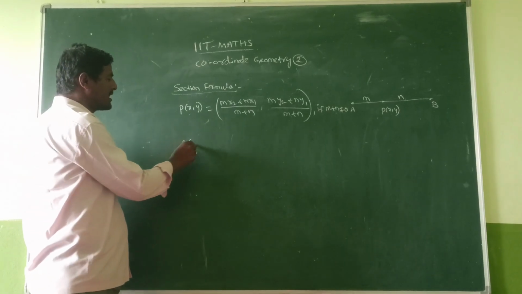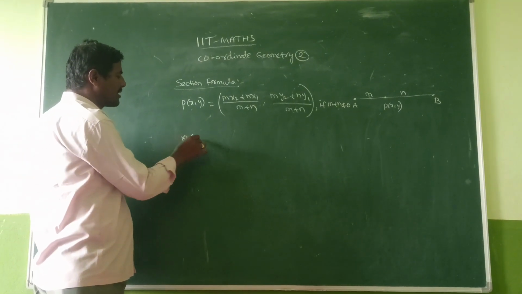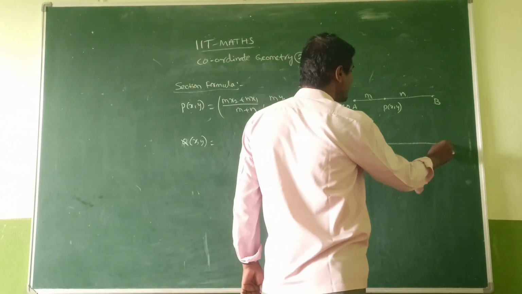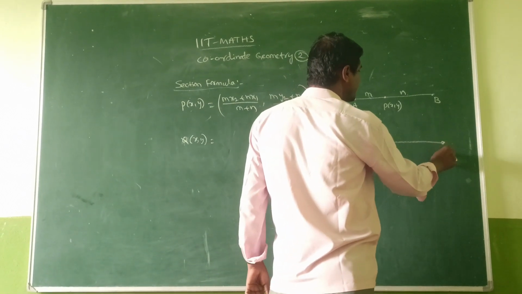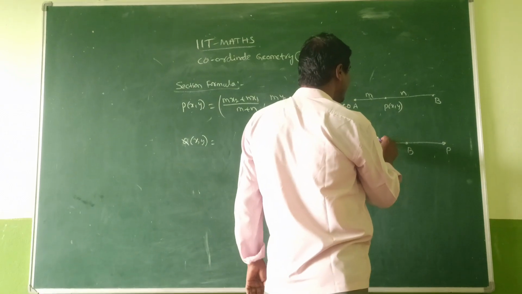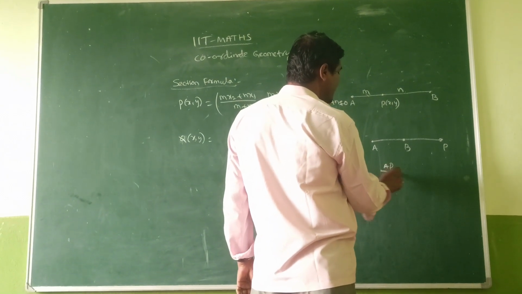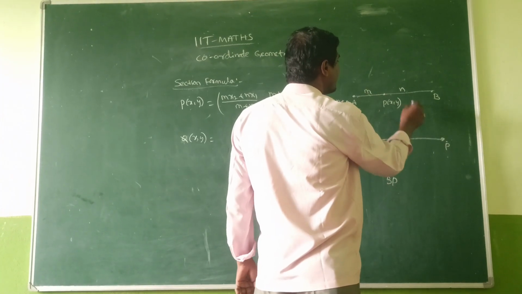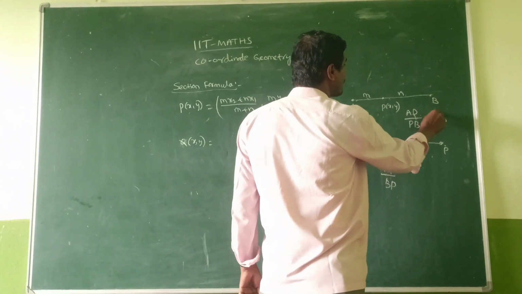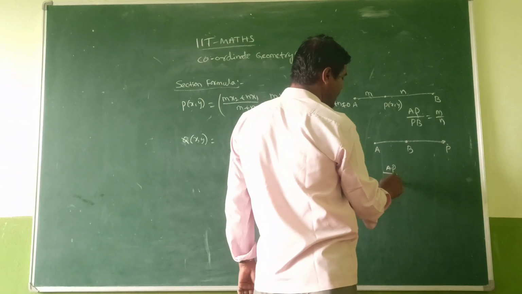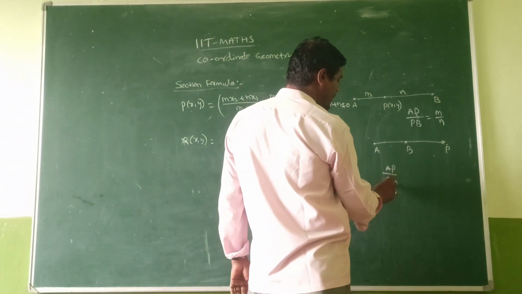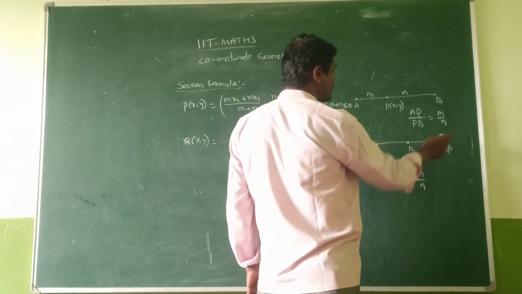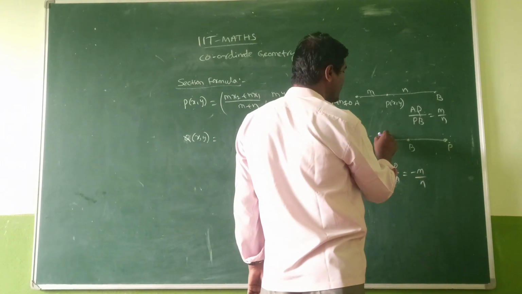So another one, external division. We take point Q of x, y. Now this is A, this is P, this is B. Here AB by PB equals m by n, and AB by BP equals minus m by n.